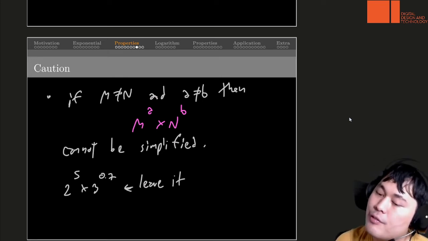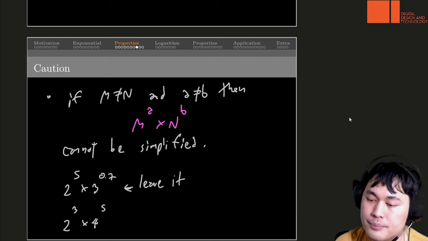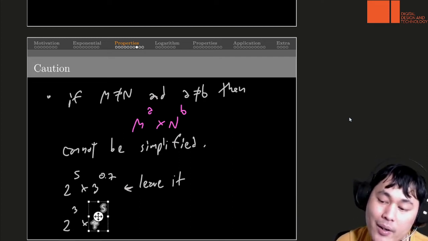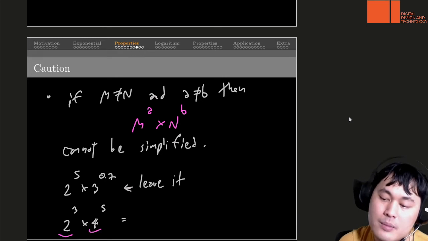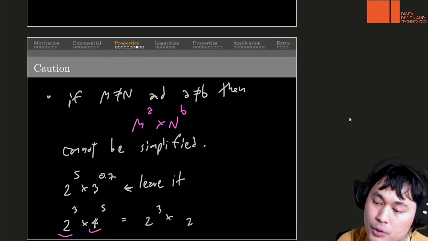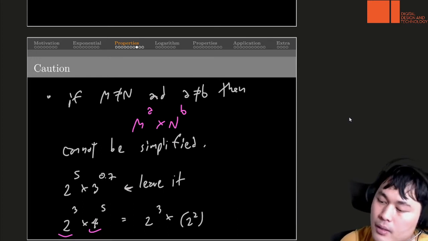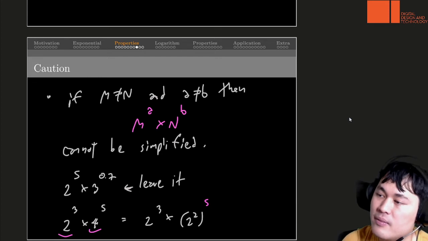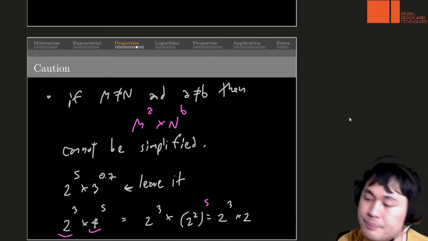But for instance, if you have 2 to the 3 and then 4 to the 5, even though they are all different, right? There's a way to change the base to match. So this is 2. You can change 4 to 2, but it has to be 2 squared. Okay, now they match, but we have to use some properties to make sure that the exponent is just a single number.